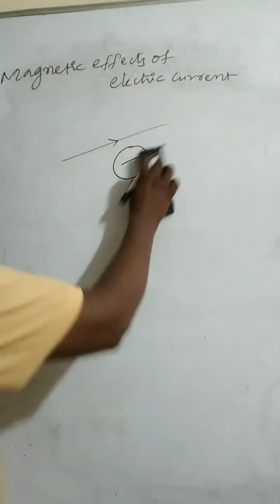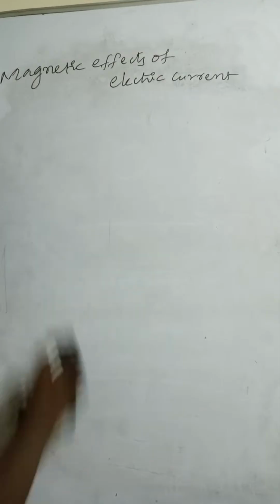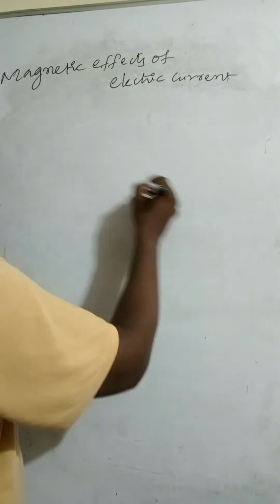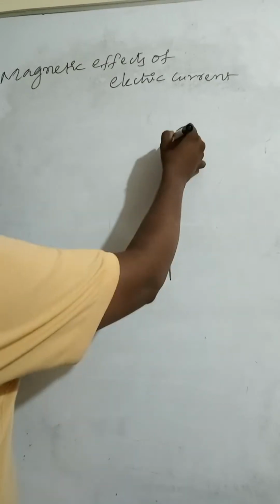I am considering a straight conductor with current passing through it. This is a straight conductor like this.